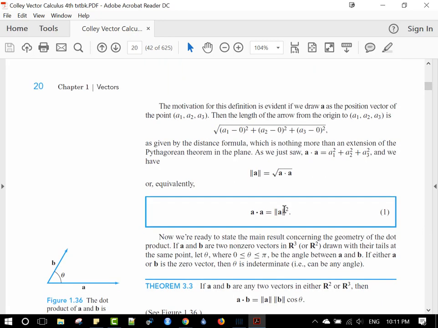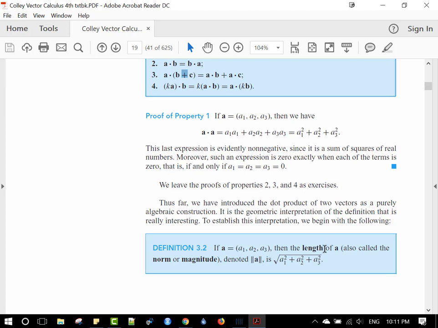Okay, another one is we're going to define now the length of A. So up to now we really haven't had any meaning for the word length. Now, actually that's a little bit wrong, because I already said that the length of A, when you think of A as an arrow in the plane, then of course we know what the length of an arrow means.